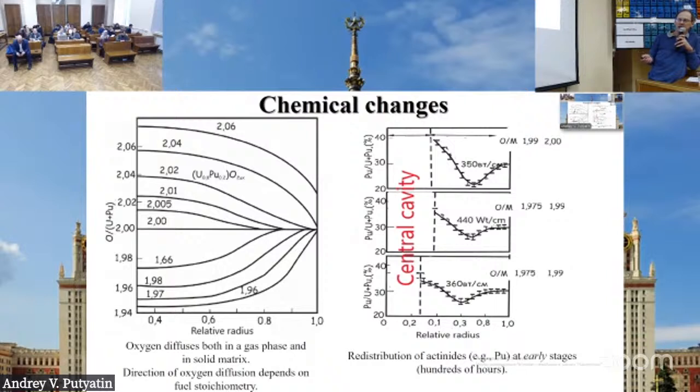We have nothing here because we have a central hole already. So you can see that the oxygen to metal ratio changes in the radial direction. These are simulations, and they belong to relatively early stages of the reactor operation, first days, weeks, or months. Later it becomes somewhat even more complex.